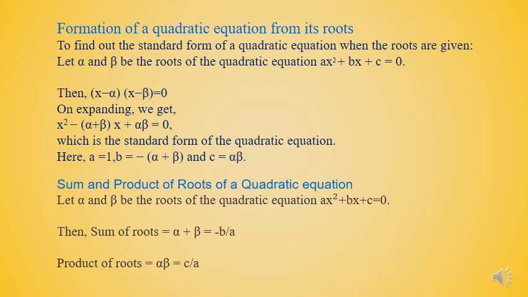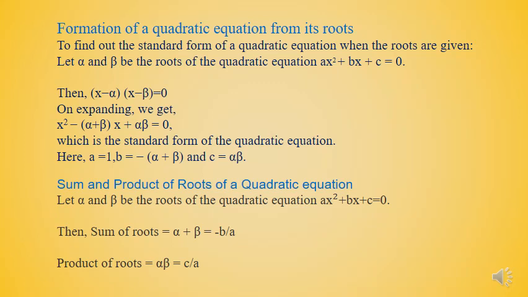Let us consider alpha and beta are the roots of the quadratic equation. After factorization, putting alpha and beta as roots, we get x minus alpha into x minus beta equal to 0.